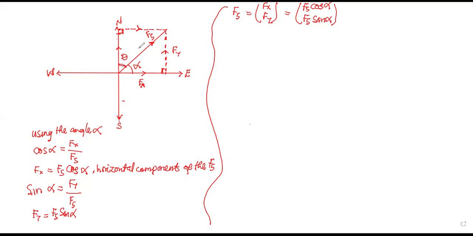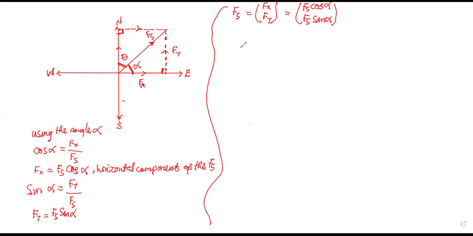We can also do the same component using the angle it makes with the north or the y-axis. Don't forget, alpha is the angle the hypotenuse or the force makes with the x-axis or the east. We can equally do the same thing using the angle it makes with the north or y-axis. That is theta.